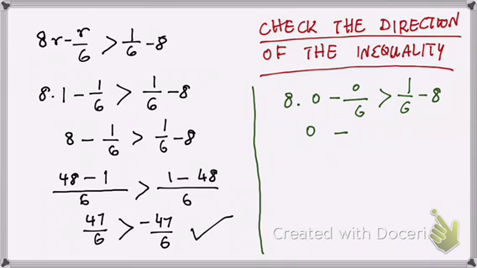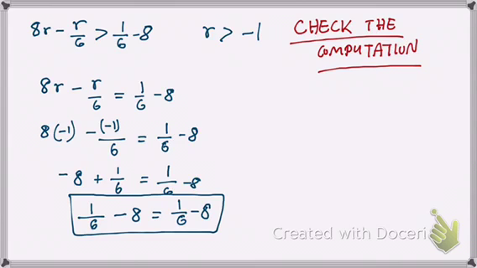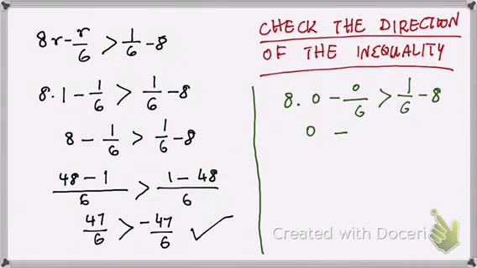I forgot to record it, so I'm going to go back and explain what I was doing. In the previous example, I was explaining that in order to check the solution, first we check the computation, and in the second step, we check the direction of the inequality.